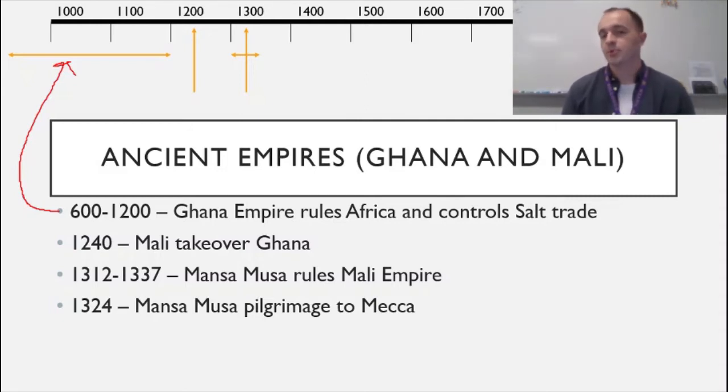Salt was incredibly important at this time and was even more valuable than gold in many ways because you needed salt in order to cook. If you didn't have gold, then you just didn't have fancy jewelry and all the shiny baubles. But if you didn't have salt, you couldn't survive, because salt was used to preserve food, which at the time was necessary because they didn't have the modern convenience of the refrigerator.